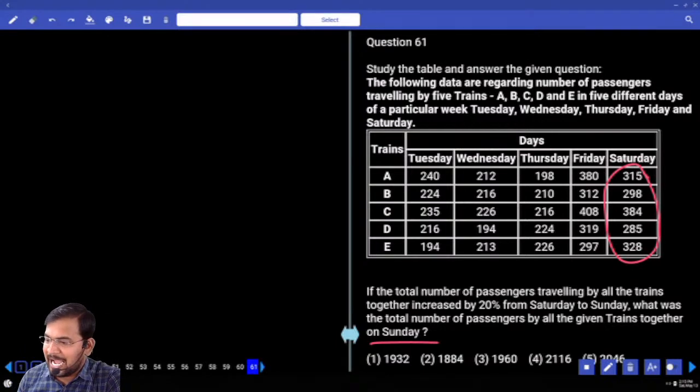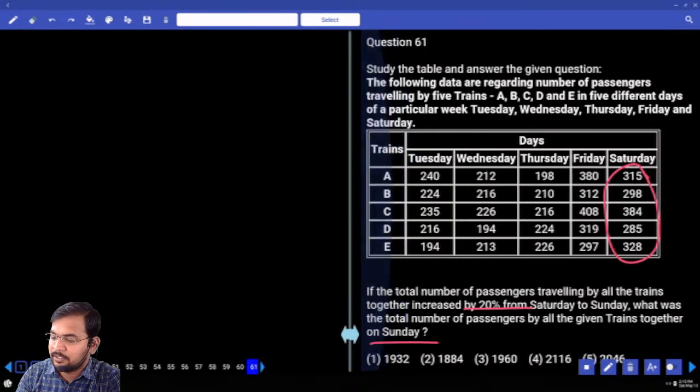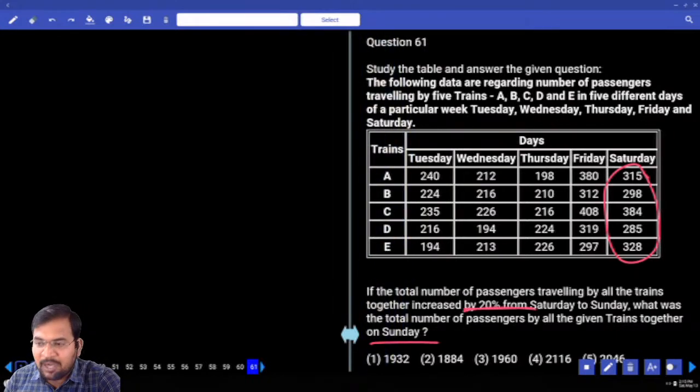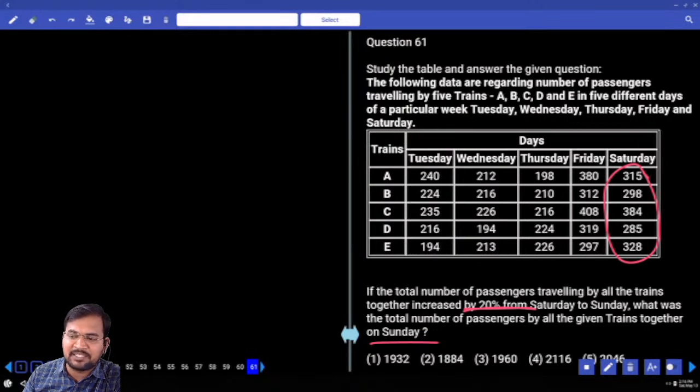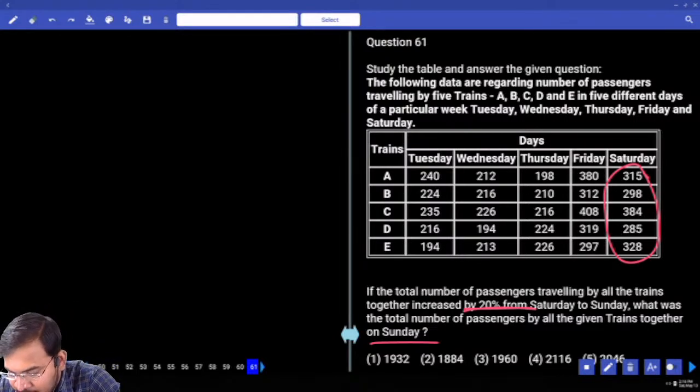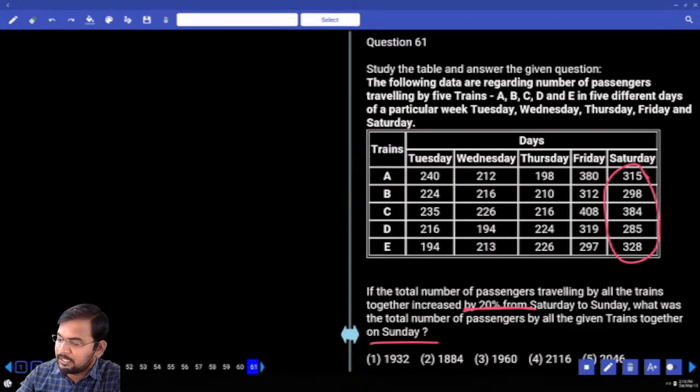Saturday to Sunday increases 20%, and 120% of Saturday's population is nothing but Sunday's population. 120% should be a multiple of 3 and 4, that should be a multiple of 12.